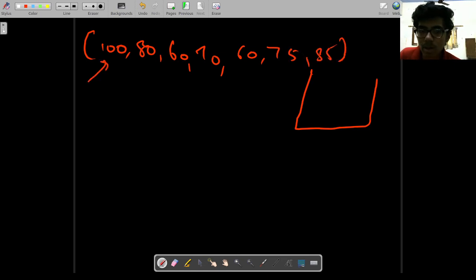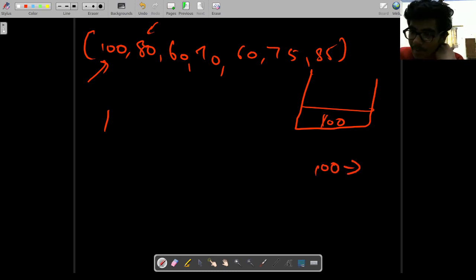Okay, since the stack is empty, I'm going to push it. So 100 is there, and the answer for this is going to be 1, since the stack is empty. For 80, I see that 100 is present, greater than the value, or instead of 100, if I keep its index, I see that my 100 is greater than 80.